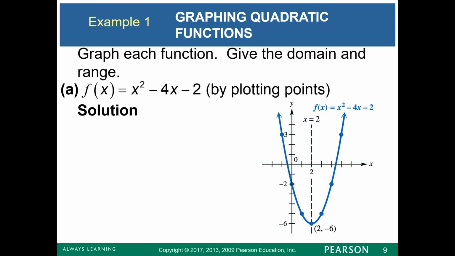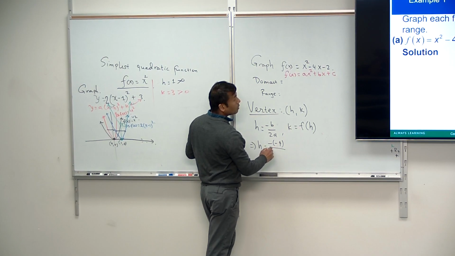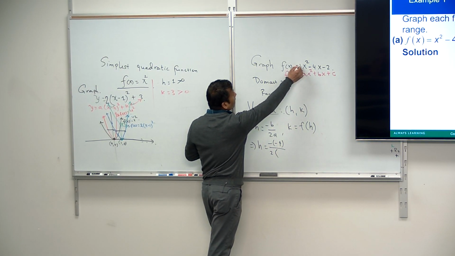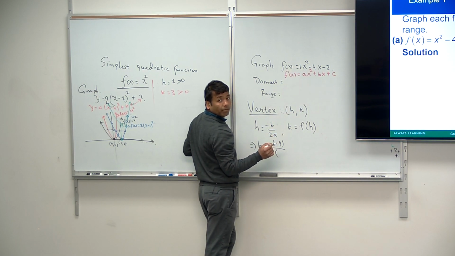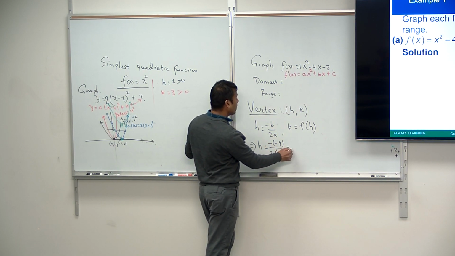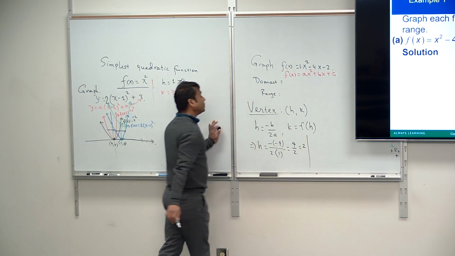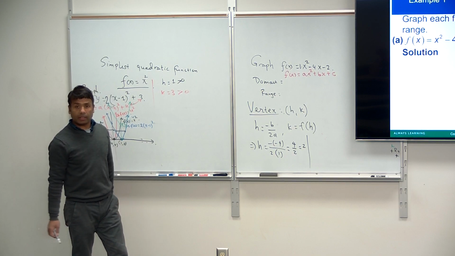Negative 4 over 2 times, what is the value of a? 1. So now that will give you 4 over 2, which is what? 2. So the value of h is 2.